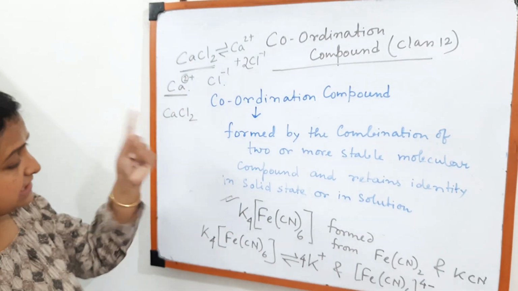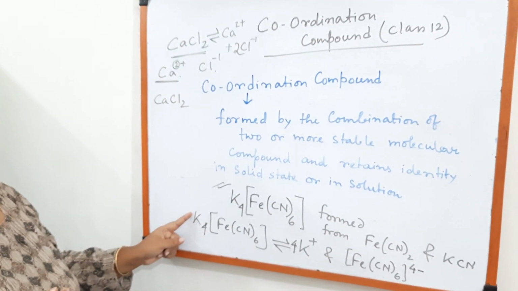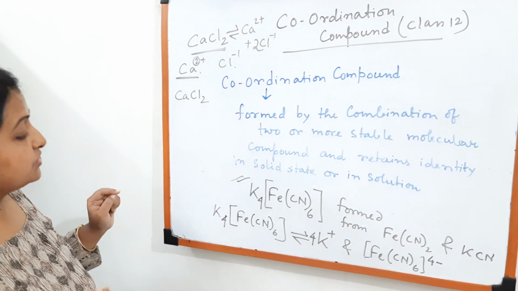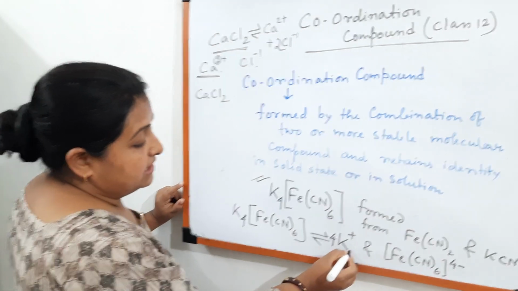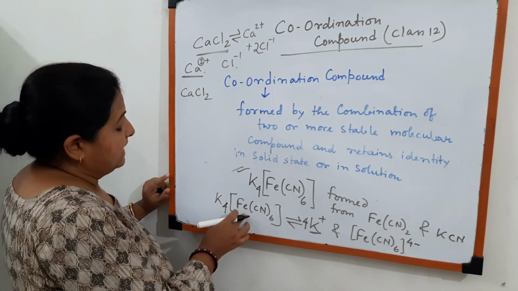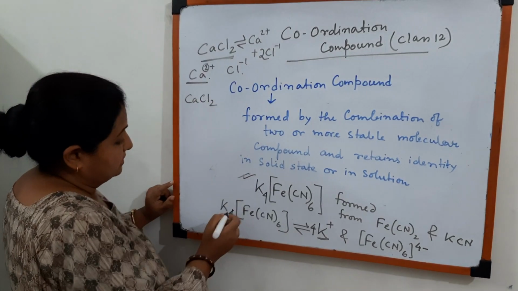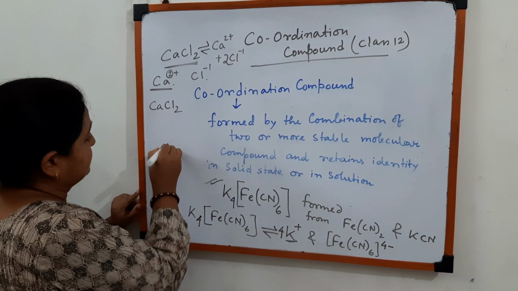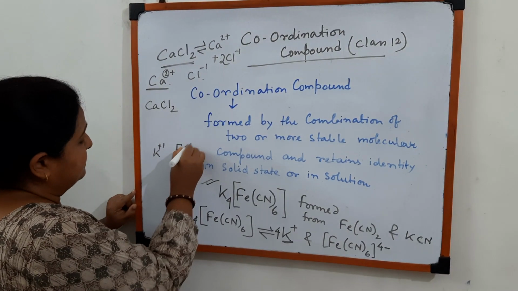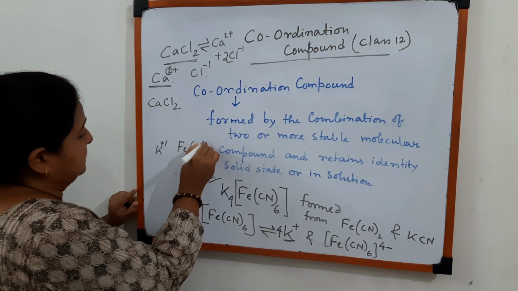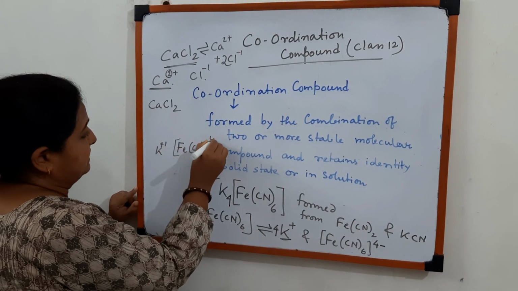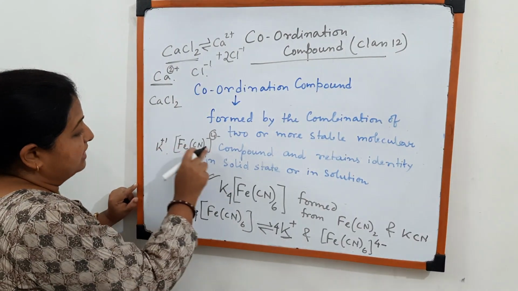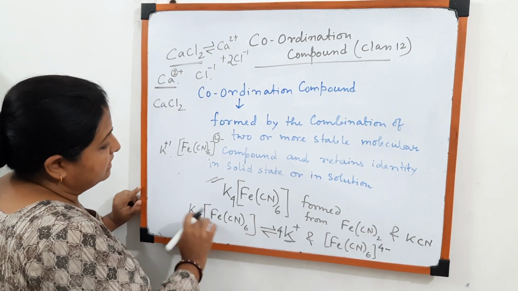Just like that, the oxidation number of potassium is plus 1. So when it dissociates, the K+ ion will form, and here just think about the cross. K is plus 1, and [Fe(CN)6] is 4 minus. So this 4 comes here, that means K4, and 1 comes here, that's why 1 is not written.